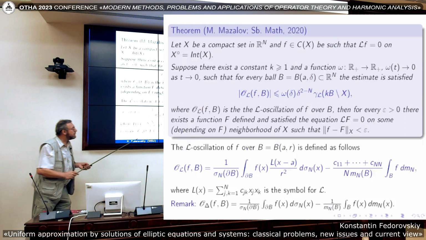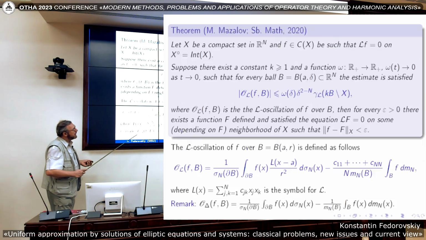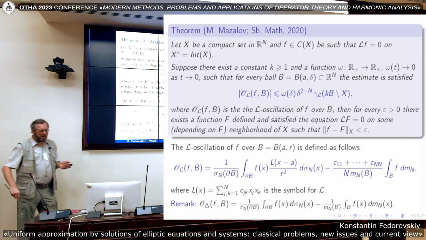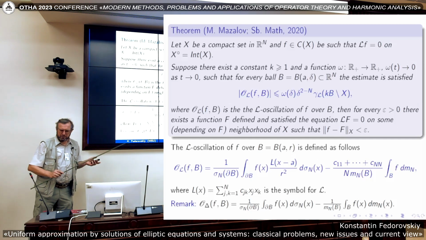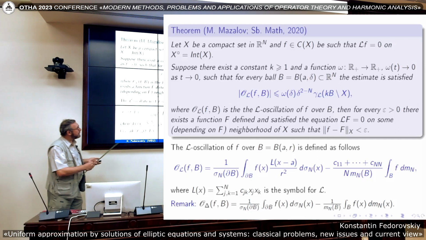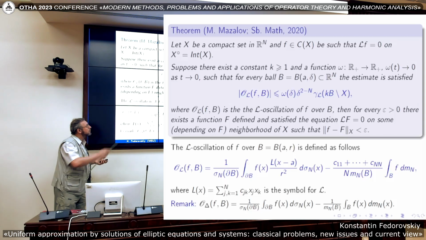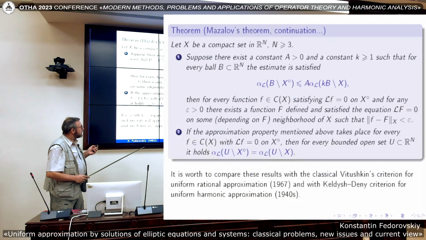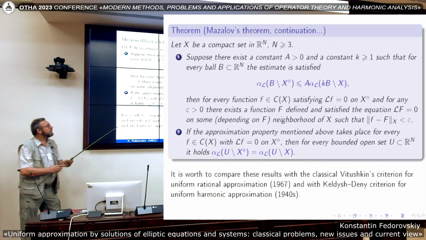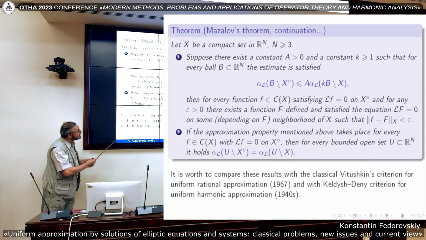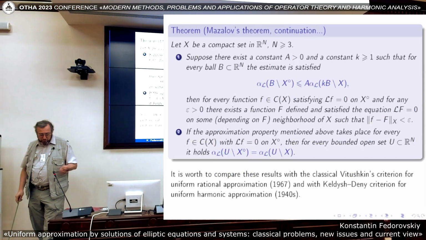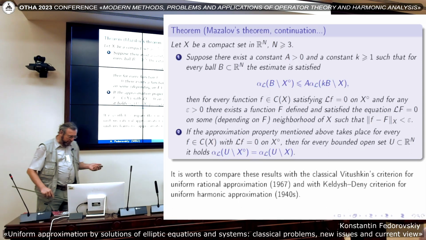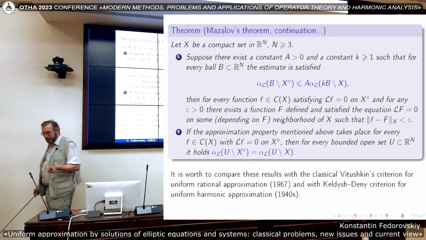And what is very curious and interesting is that this result for harmonic functions is also rather new. It was proved approximately in 2010 or 11, something like this. So the criterion for individual harmonic approximation included in this theorem is also a very recent result. Well, so this theorem is of course the motivation to study properties of these capacities, just as the Vitushkin criterion started 50 years of investigation of properties of analytic capacities.